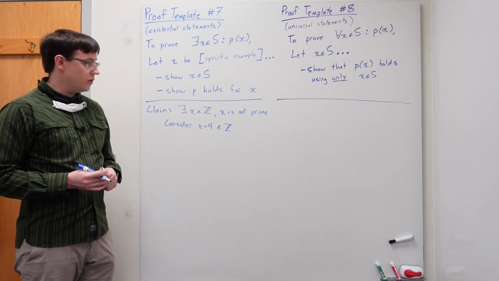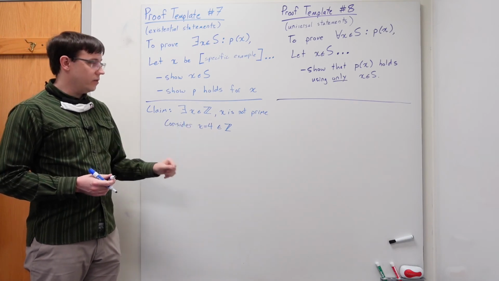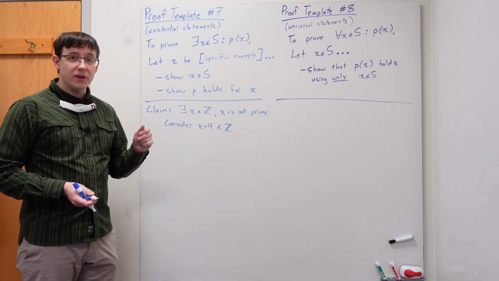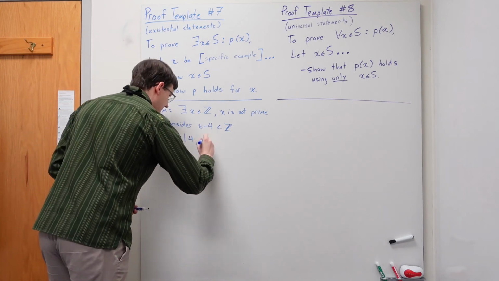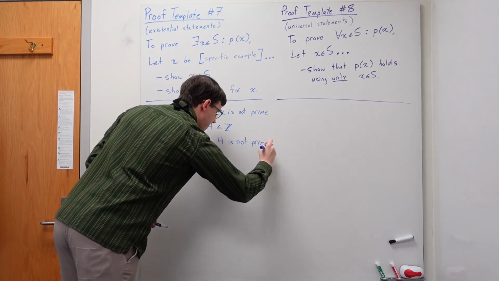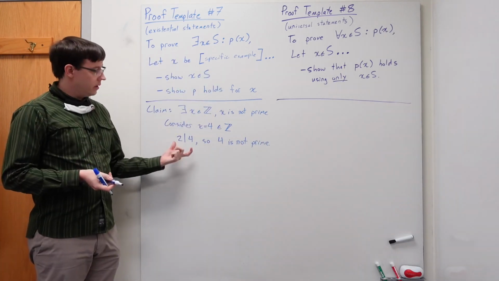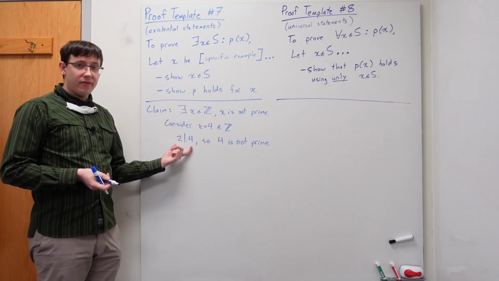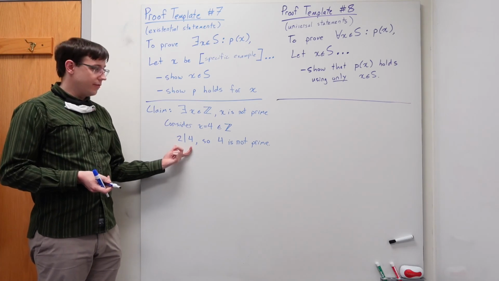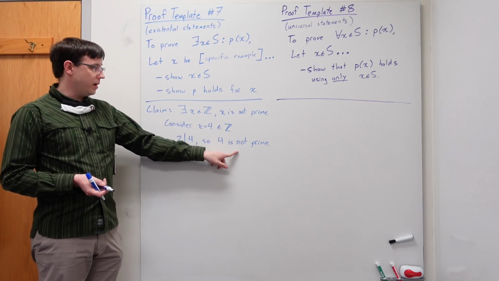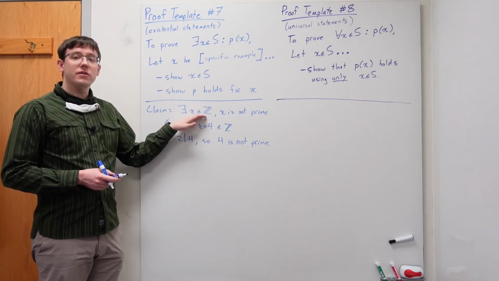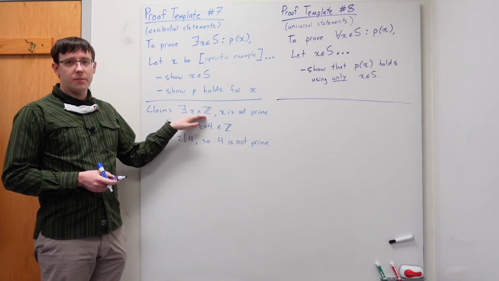So that means showing that there is some integer besides 1 and 4 that divides 4. That integer is 2. So we have identified that 4 is an example of an integer that is not prime, and so we've proven that such an element exists.